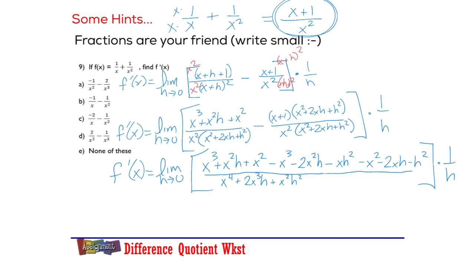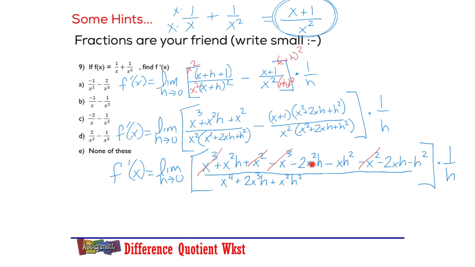Now I'm ready for all the simplifying that I want to do. All right. Hopefully a bunch of stuff's going to cancel. What we got? Here's an x cubed. Here's an x squared. These are actually like terms. X squared h, x squared h.